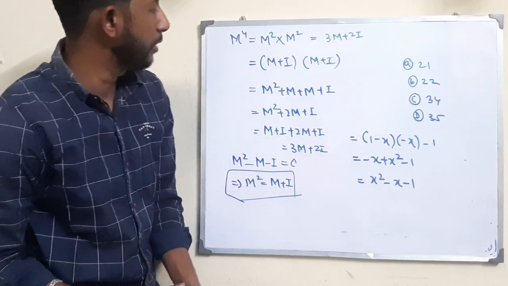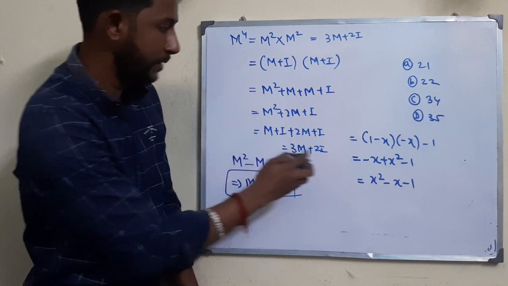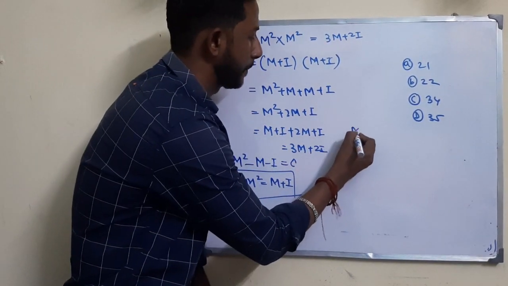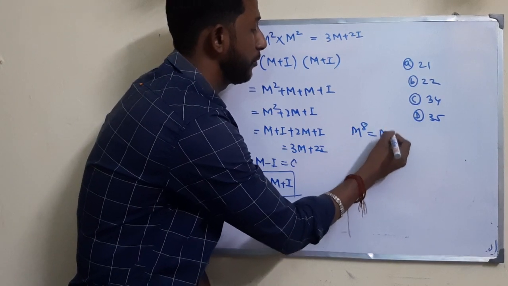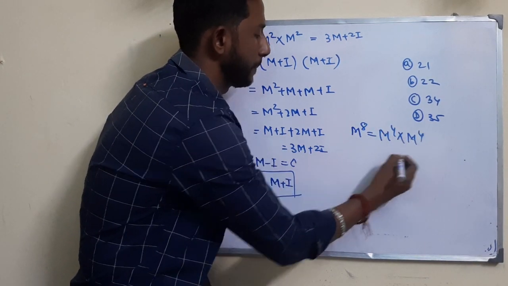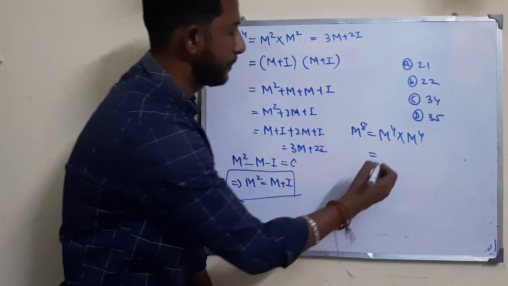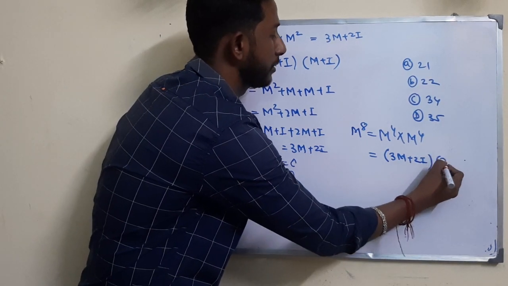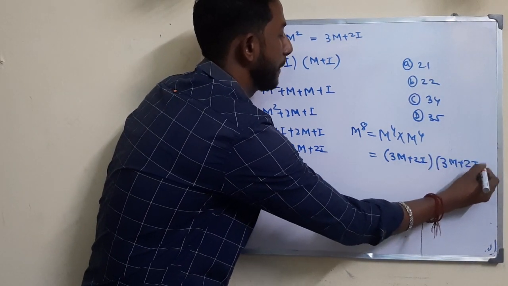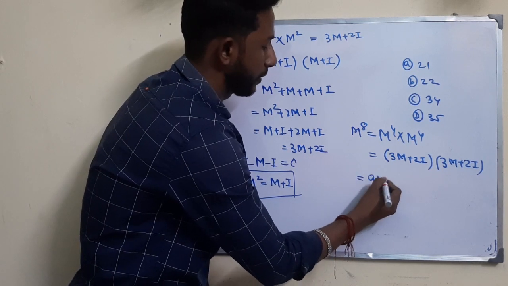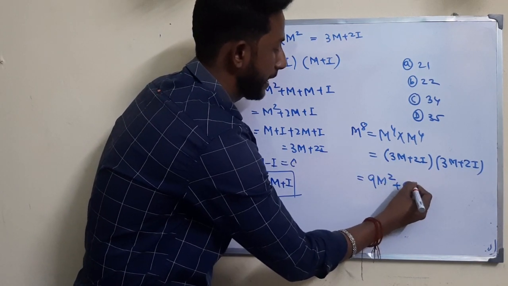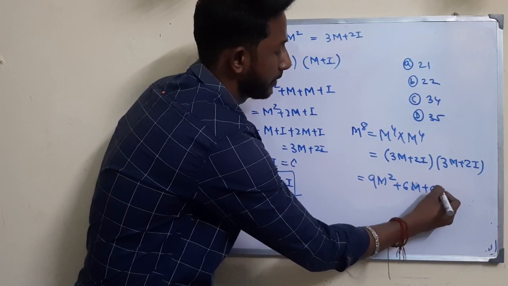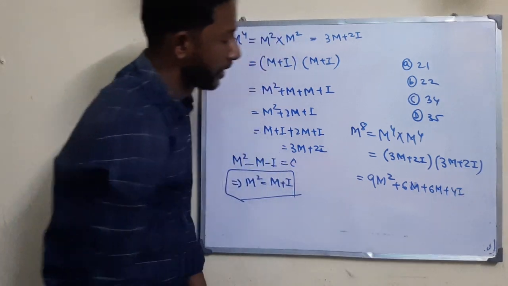Now let us find out the value of M to the power 8. Okay, so M to the power 8 is equal to M to the power 4 multiplied by M to the power 4. Now M to the power 4 is equal to 3M plus 2I, multiplied with 3M plus 2I, which is equal to 9M square plus 6M plus 6M again plus 4I, right?